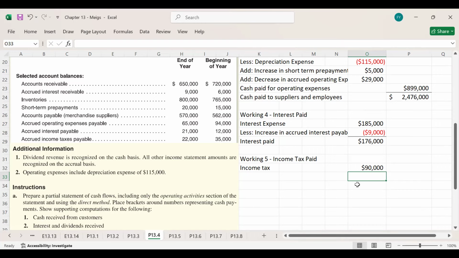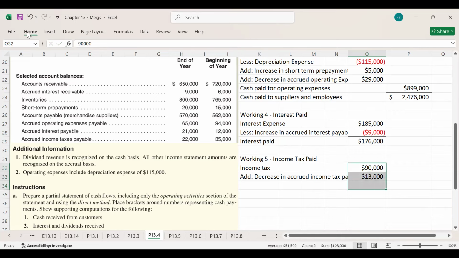As there's a decrease, we are going to add any decrease in accrued income tax payable. When you take the difference between 35,000 and 22,000, you get 13,000. Here you are going to add these amounts.